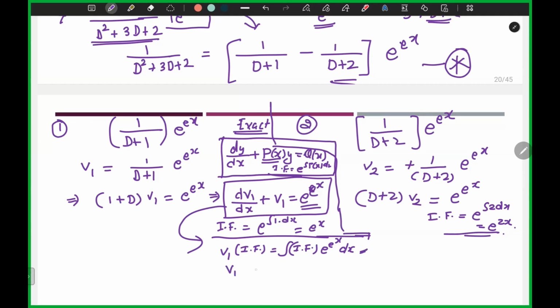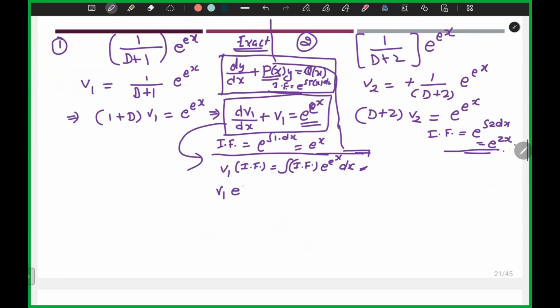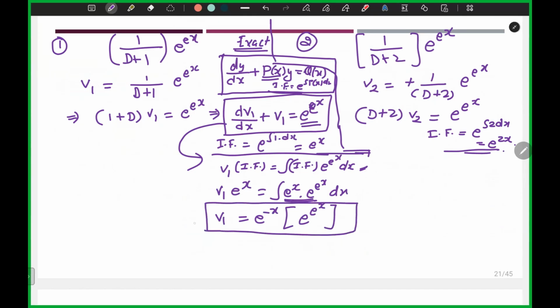So v1 is the integral of e to the power x times e to the power x dx, with the factor e to the power minus x. While solving, you make the substitution e to the power x as t, then e to the power x dx is dt.